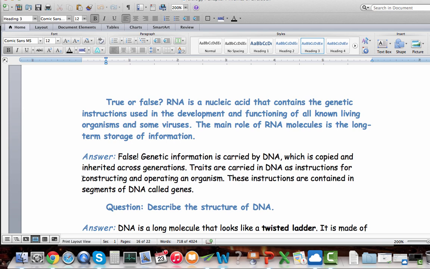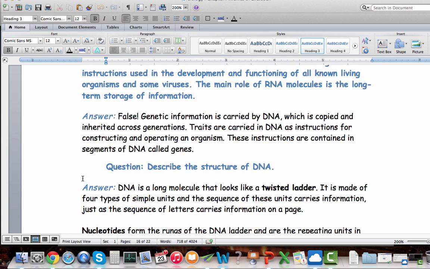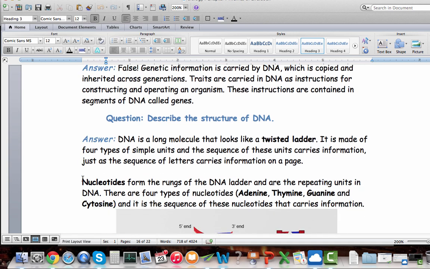The main role of RNA molecules is in the long-term storage of information. Answer: this is false. Genetic information is carried by DNA, which is copied and inherited across generations. Traits are carried in DNA as instructions for constructing and operating an organism. These instructions are contained in segments of DNA called genes.